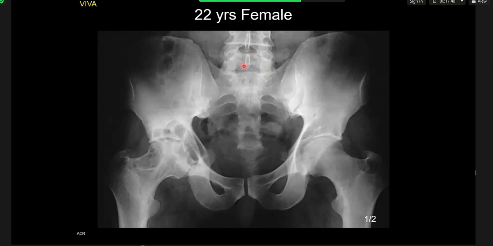Over to you. Okay, so this is a frontal pelvic radiograph of a 22-year-old female. I can see the abnormality is centered over the right femoroacetabular joint with multiple punched out lytic lesions. Some of them are showing a sclerotic margin on both sides of the joint. I can see.